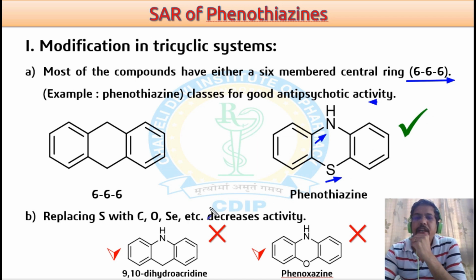But if we change the sulfur by oxygen, that is phenoxazine, the activity decreases, or if we replace this sulfur by isostere, that is CH2, then again activity decreases, and this compound is called 9,10-dihydroacridine.